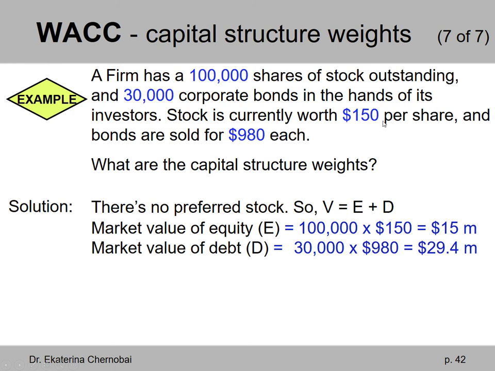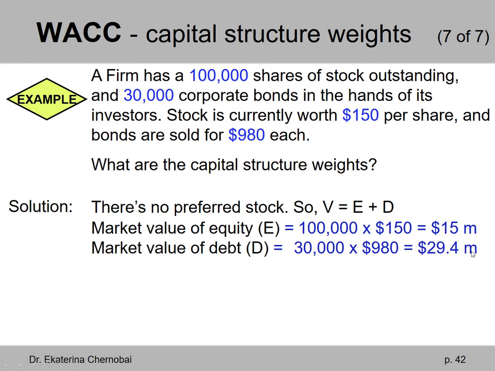And second, the wording. Bonds are sold for this much each. So this refers to the price that you will be paying today, which is the market value. Okay, so 30,000 times 980 gives $29.4 million.